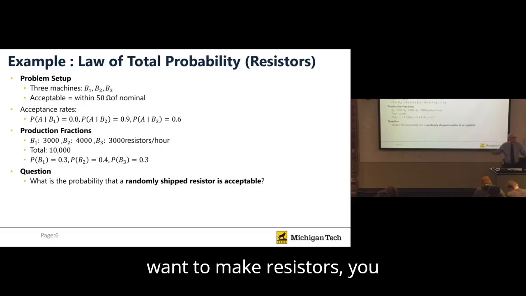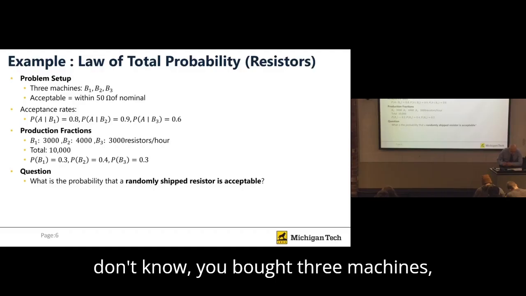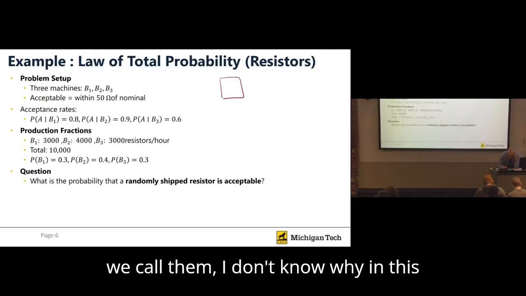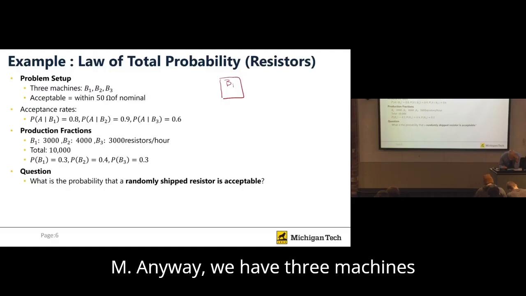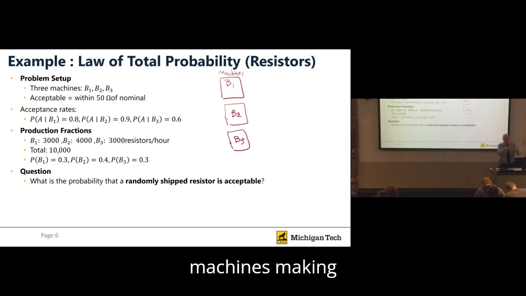You bought 3 machines, for example, machine 1. We call them, I don't know why in this example, M. Anyway, we have 3 machines, B1, B2, and B3. These 3 machines make resistors for us.